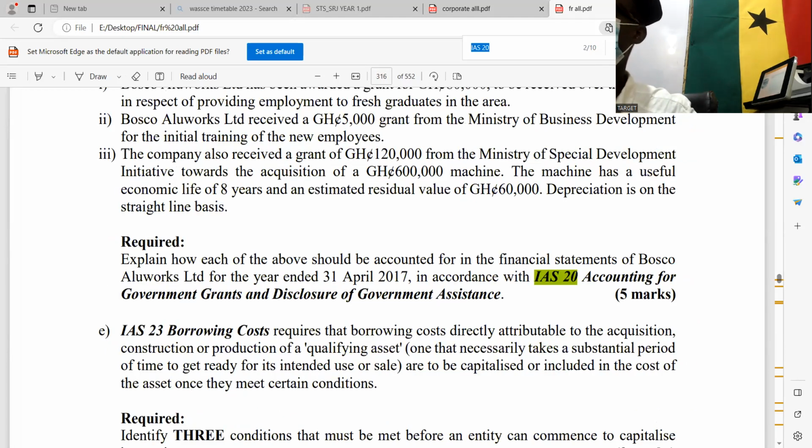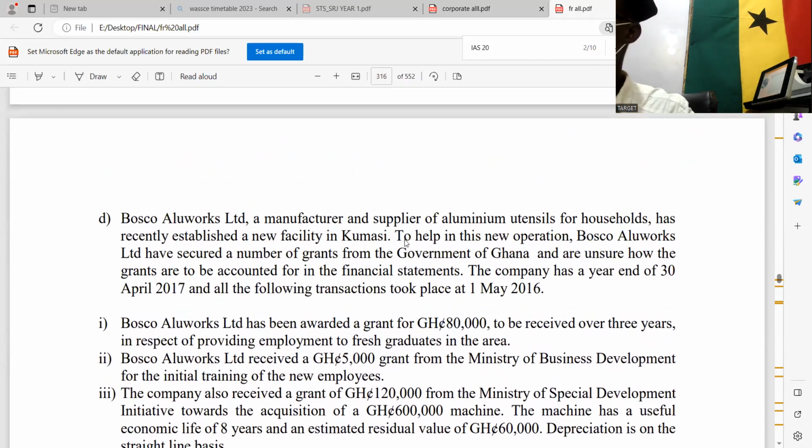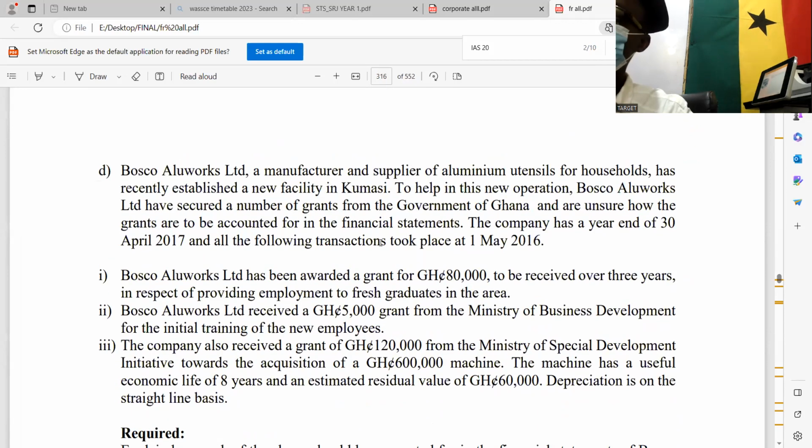We've done this one. Look at this one. Bosco Aluworks had been awarded a grant of 80,000 to receive over 3 years in respect of providing employment to fresh graduates in the area. Automatically, this is a revenue grant, and once they've earned it, straight to the P&L.